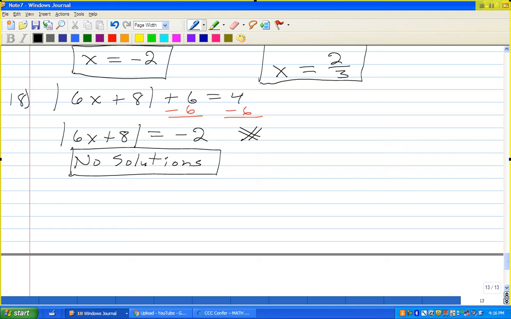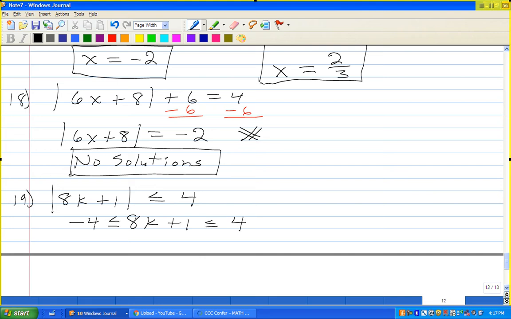Let me do problem number 19. 8k plus 1 in absolute value is less than or equal to 4. Therefore, 8k plus 1 is between positive 4 and negative 4.